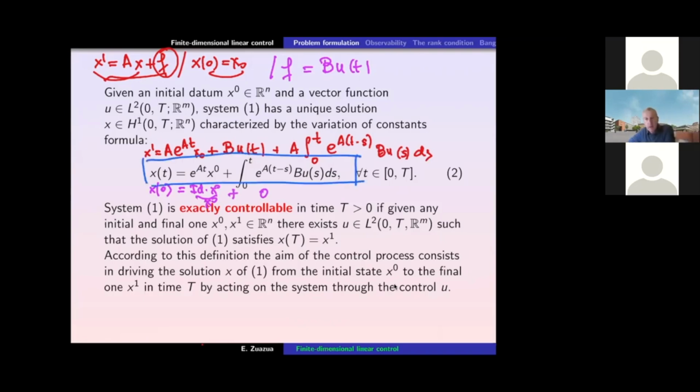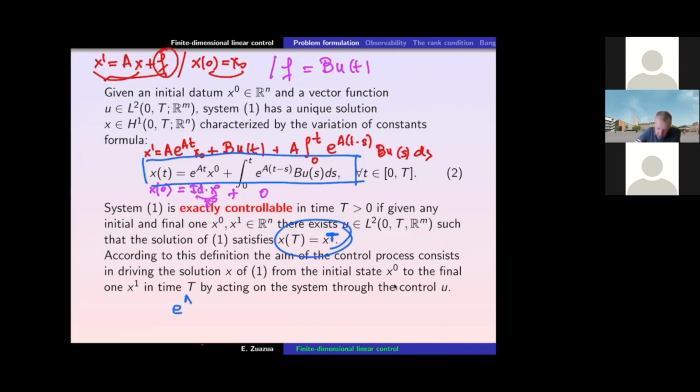Okay? And now you see the question you are asking me is, can I drive the system to a given target that I can denote by x1 or xt? Can I make a suitable choice of u so that this is equal to xt? So what is the equation you have to solve? You have simply to solve this equation.